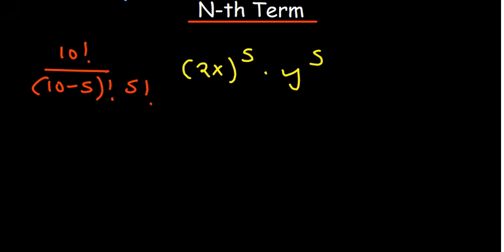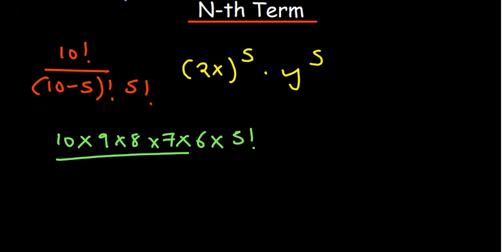So at this point we have 10 factorial, so the highest value we have on the bottom is 5 factorial, so I'll reduce 10 all the way up to 5 factorial, which would be like 10 times 9 times 8 times 7 times 6 times 5. 5 factorial is representing the numbers all the way up to 5, their product.